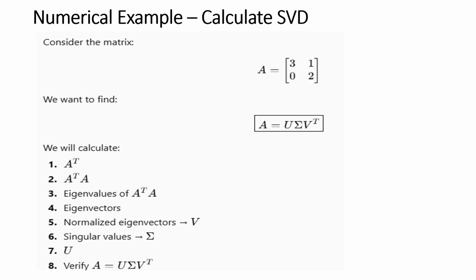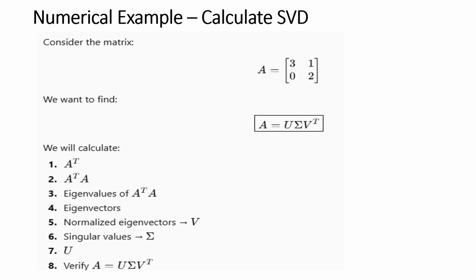Initially, we compute V raised to t. To compute it, first we have to compute the transpose of the given matrix A. Then we multiply A transpose and A. Then we find the eigenvalues of A transpose A, and using those eigenvalues we find the corresponding eigenvectors.